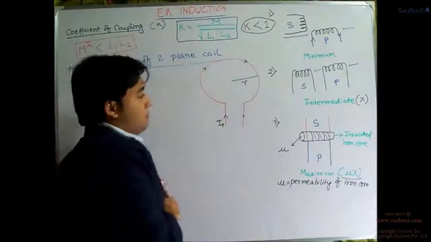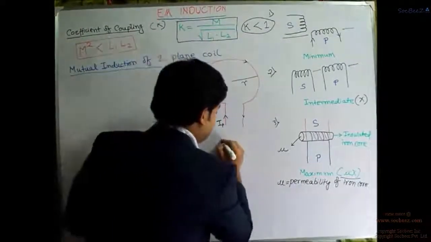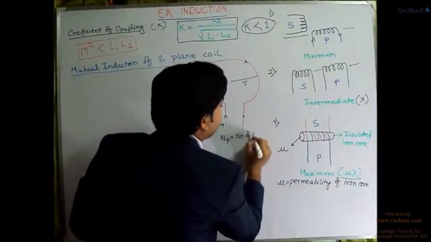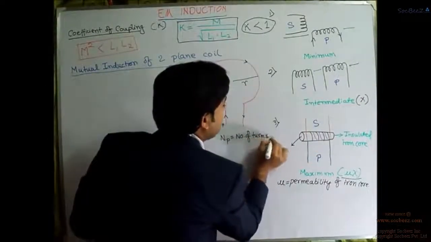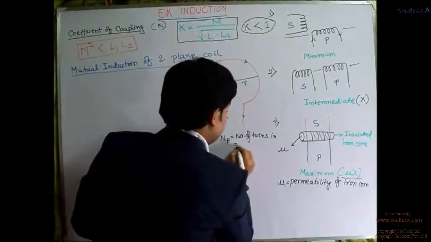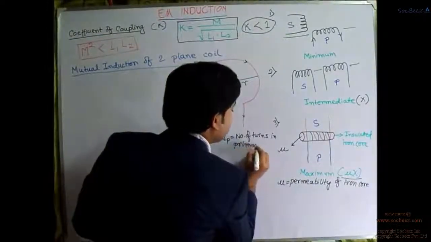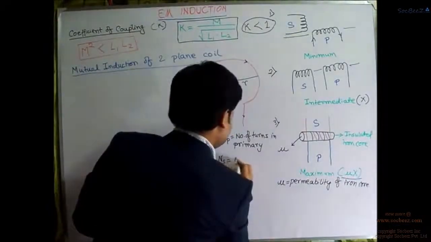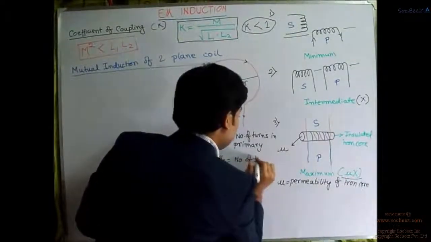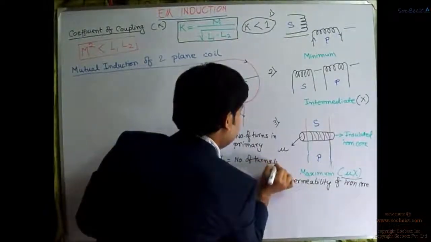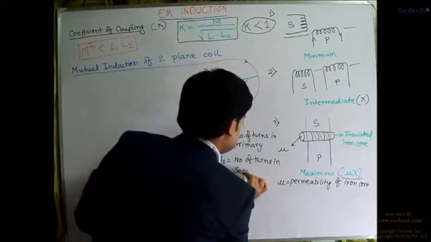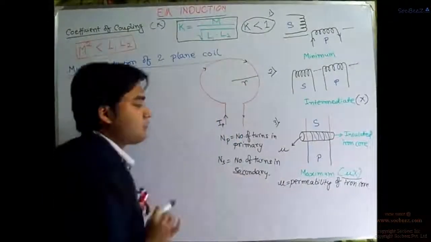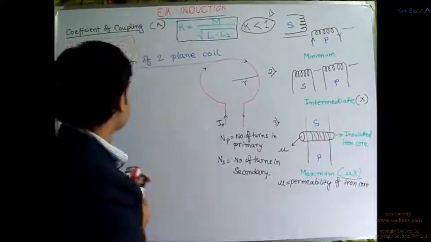And for example, we take Np equal to the number of turns in the primary, and Ns is the number of turns in the secondary. This is for the primary coil and this is for the secondary coil, right?